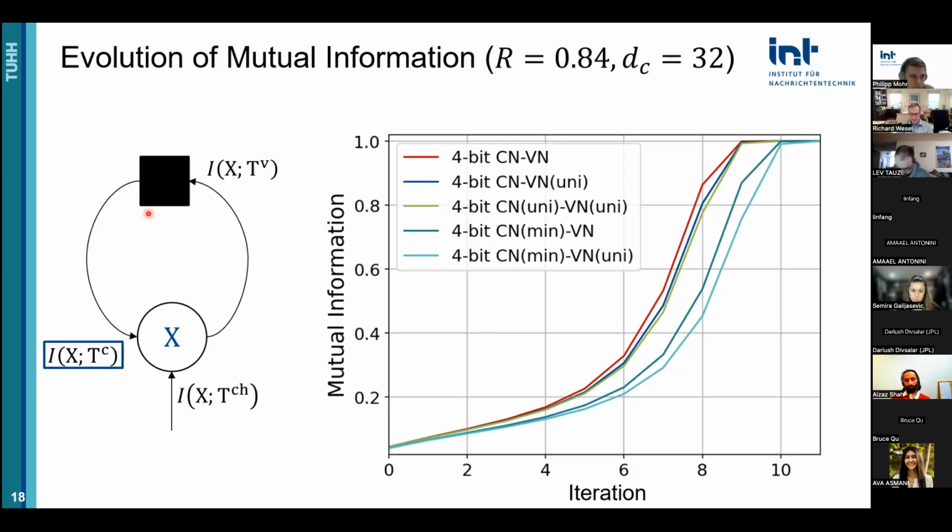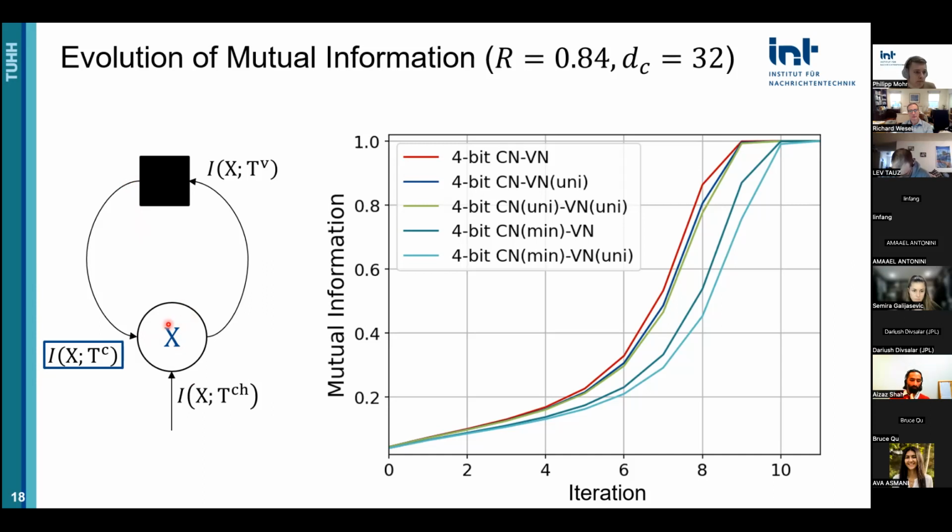Is that true? Yes. For the channel quantization, you could also use uniform quantization, and it will show very similar performance to the non-uniform quantization. Also the variable and check nodes can be used with uniform restriction, and the performance will be very similar compared to using non-uniform boundaries.